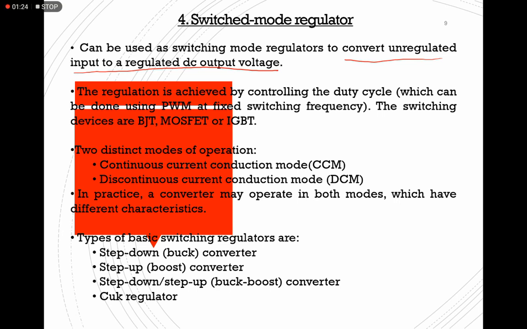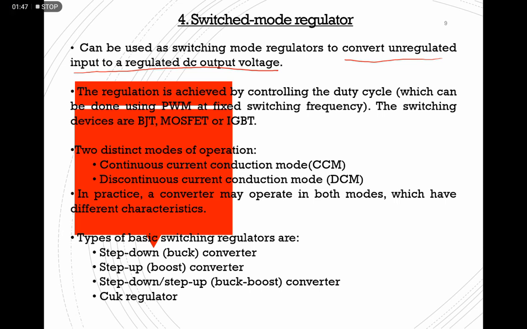The first one is what we call continuous current conduction mode, or the short form is CCM. In CCM, the current must always be continuous, so the current cannot go to zero or negative.